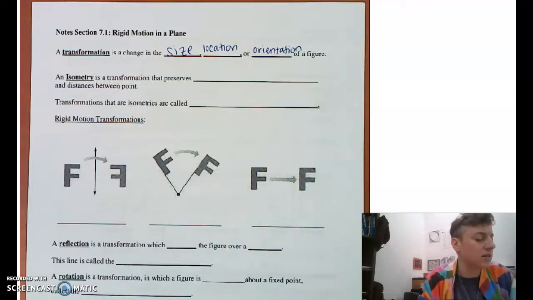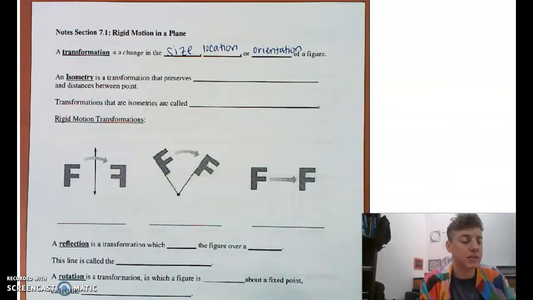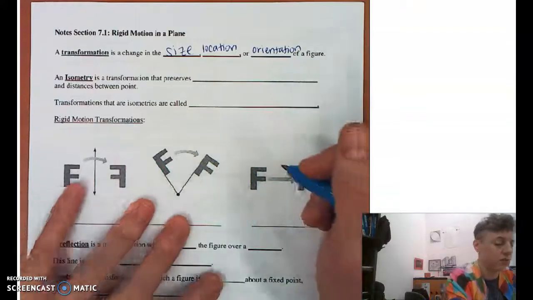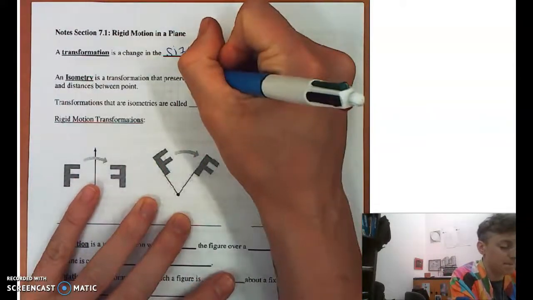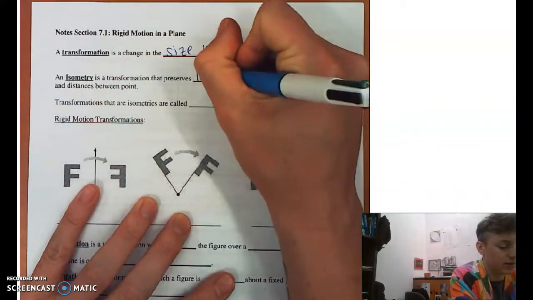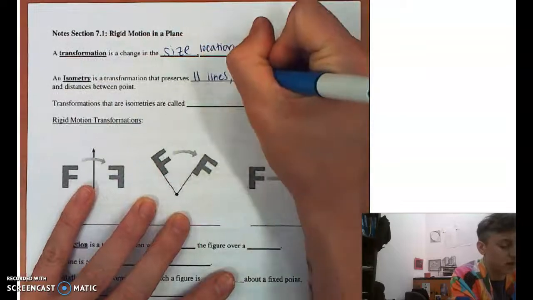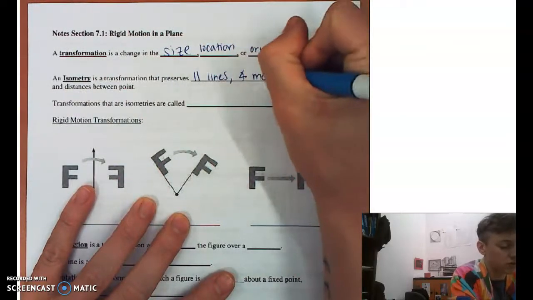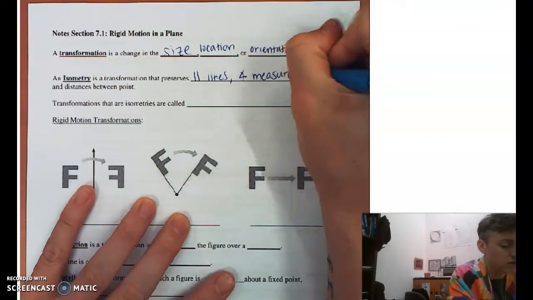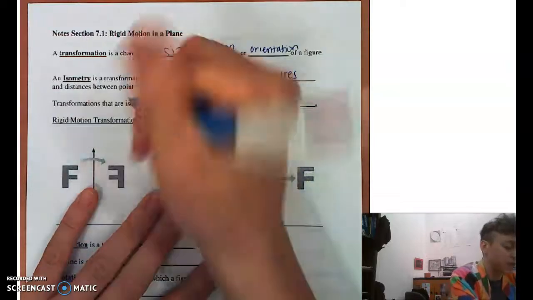That's transformation. And isometry is a type of transformation that preserves parallel lines, angle measures, and distances between points.